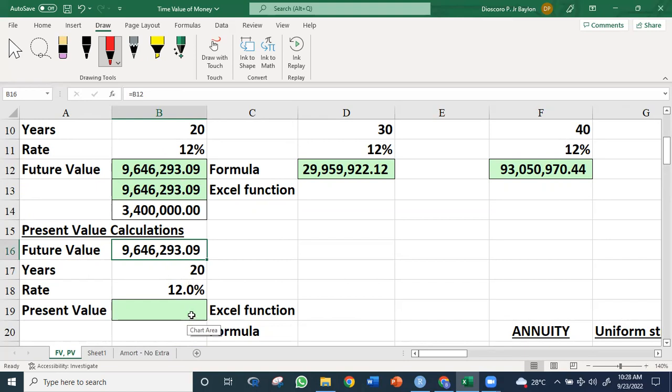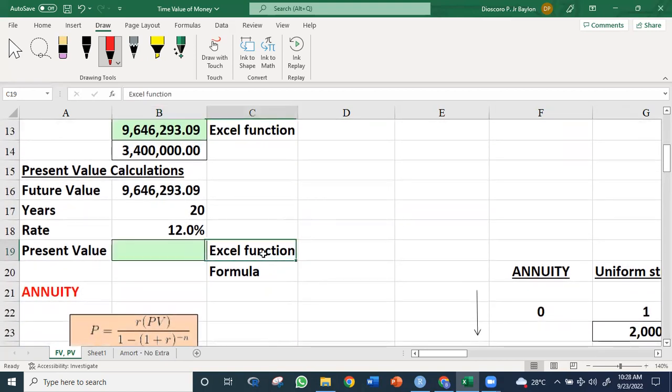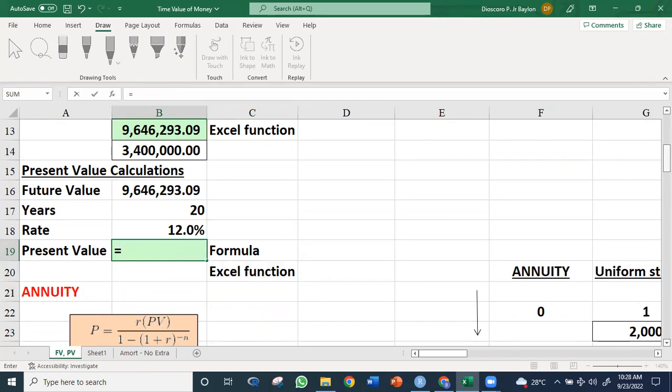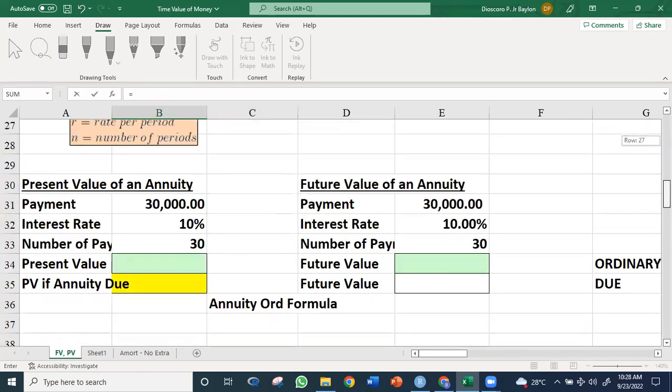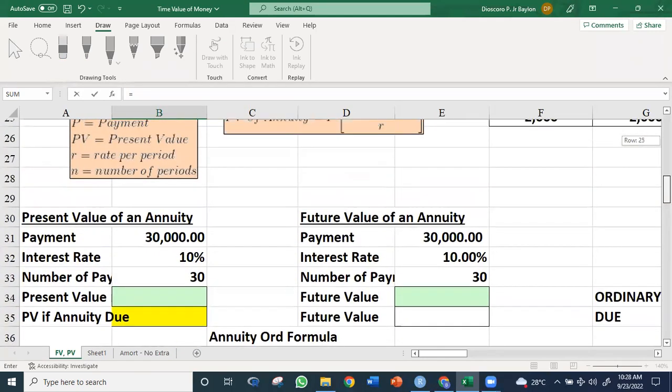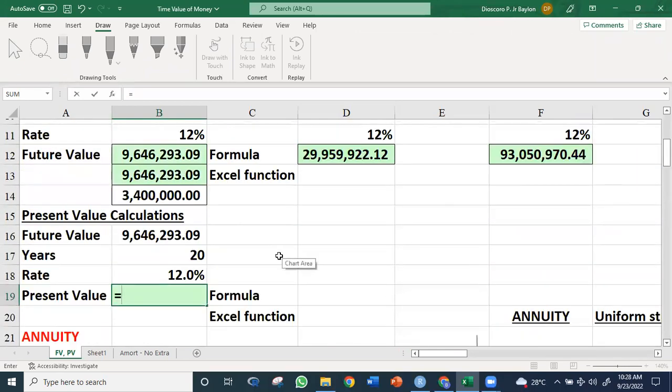Of course, we expect to get 1 million. We should be getting 1 million. So let's use the formula first. Let me interchange this. Let's use the formula first. So the formula is the future value times 1 plus the rate raised to the negative t.